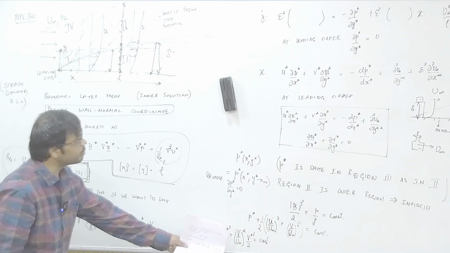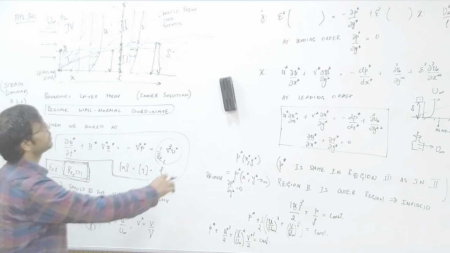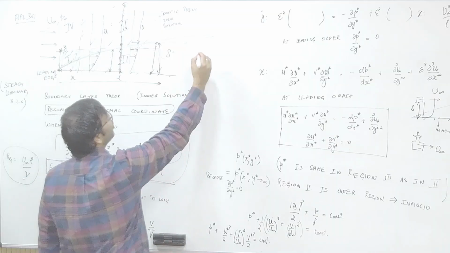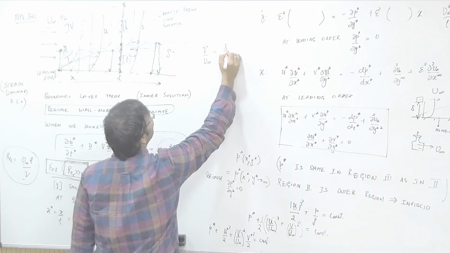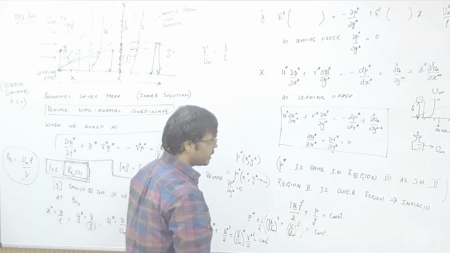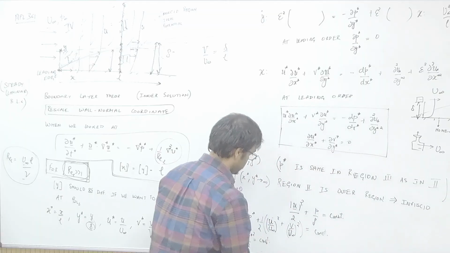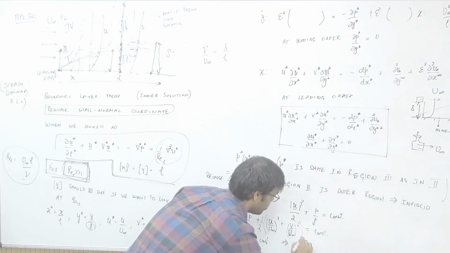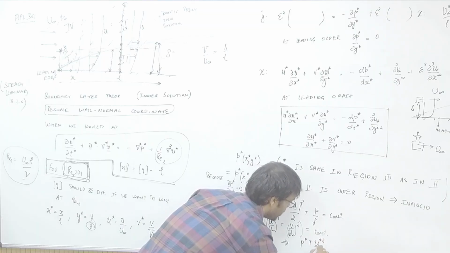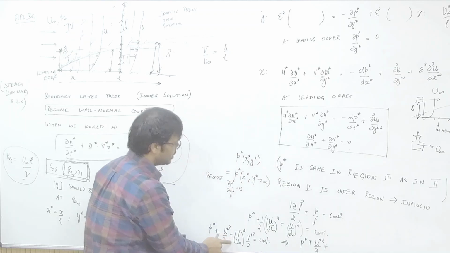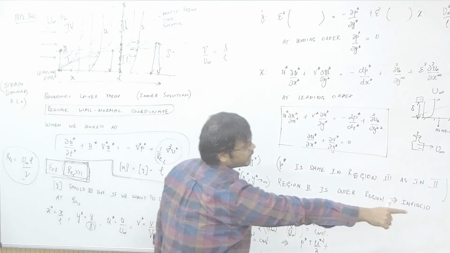So capital V by u infinity, if you recall, this is the same as delta over L. So that means p star plus u star square by 2 plus delta over L. Delta over L is what?